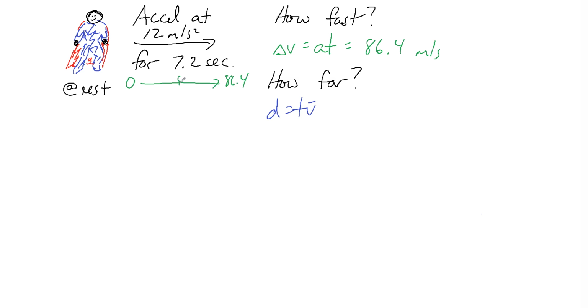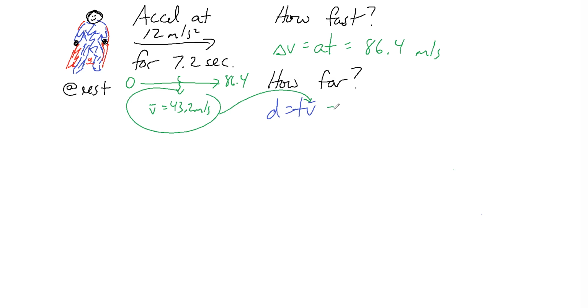We'd want to use the average, which is right in the middle, which of course is 43.2 meters per second, and that's the one that we'd want to use over here. So gotta remember, if it's not constant, you want to use the average v, and since he's starting at 0, it's really, really simple.